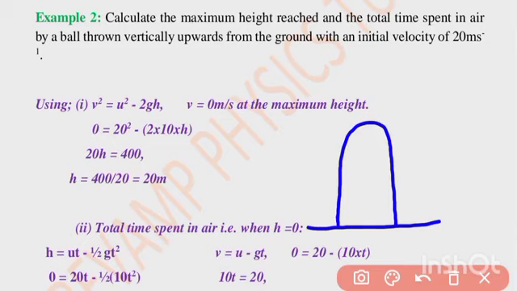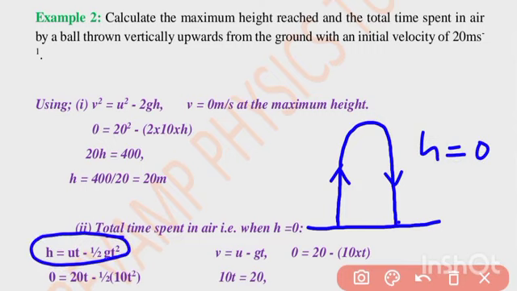And if this is the path taken by the object up and down, we can calculate the total time spent in air by the time the object will have come back to the projection plane, h will be equal to 0, and we can use this equation here when our h equals 0 to find our time.